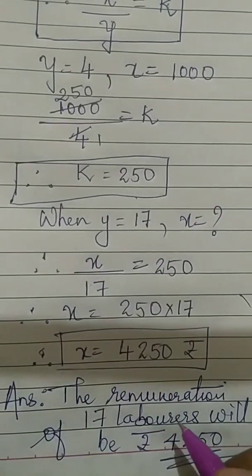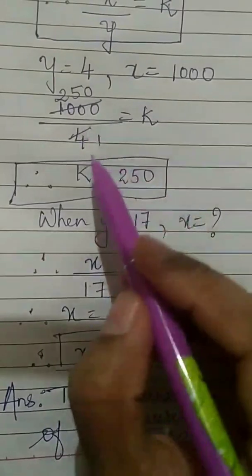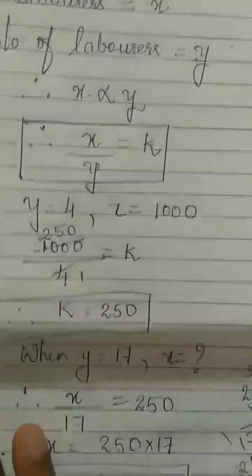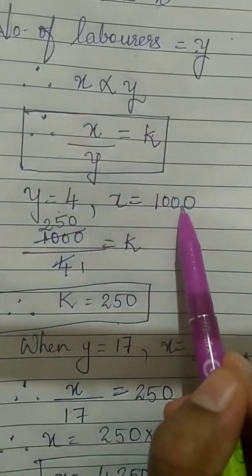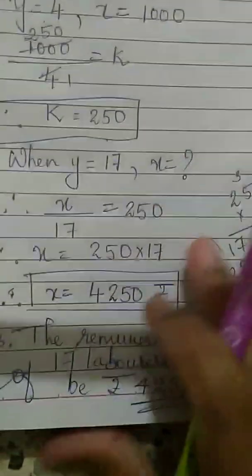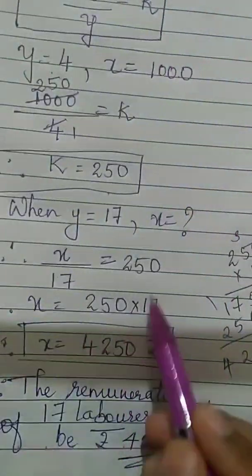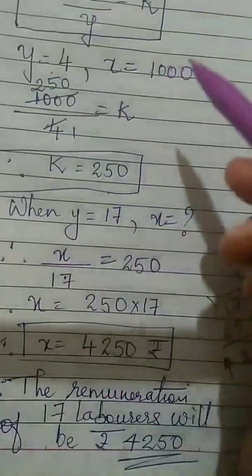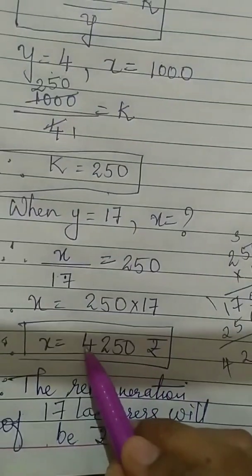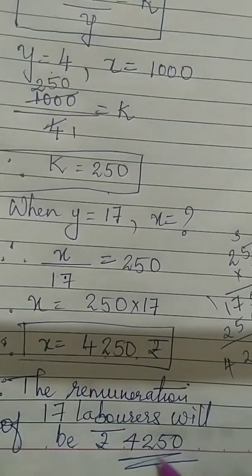Okay? Understood? For 4 laborers, they paid 1000. So for more laborers, that is 17 laborers, they will pay obviously more than 1000. So we got 4250 rupees.